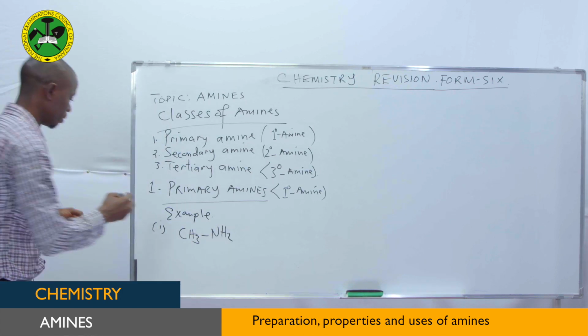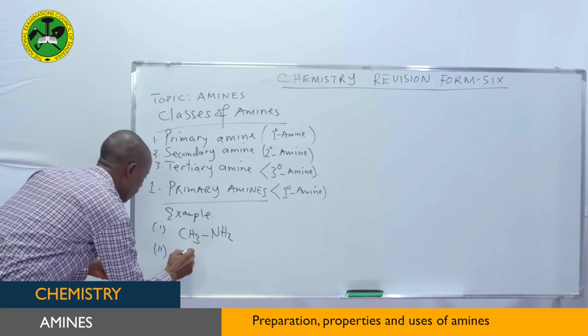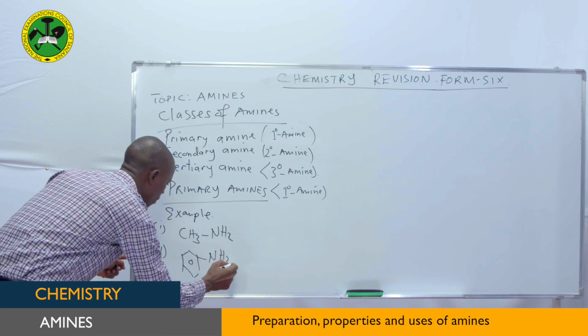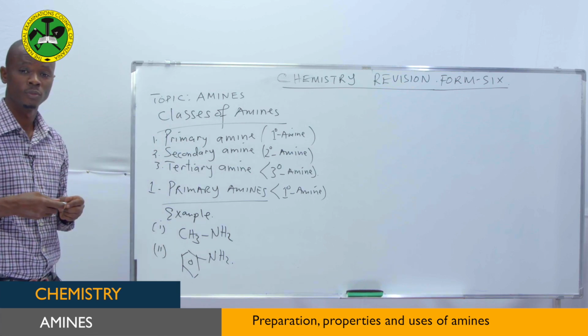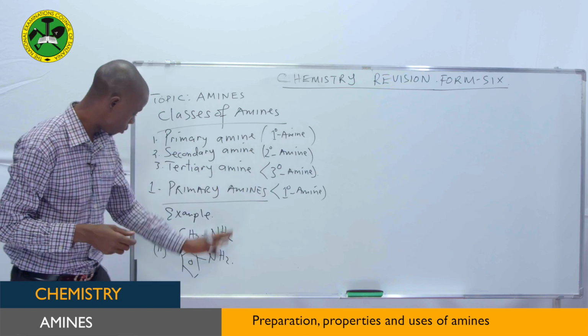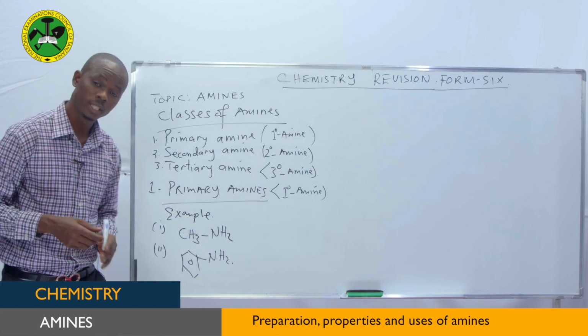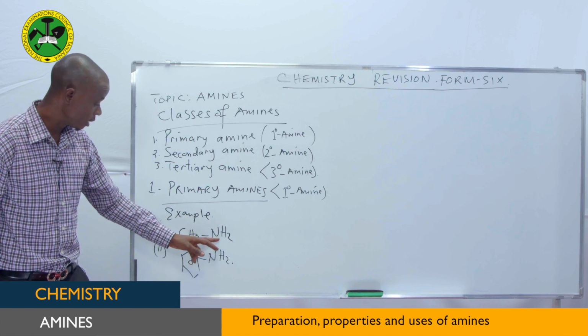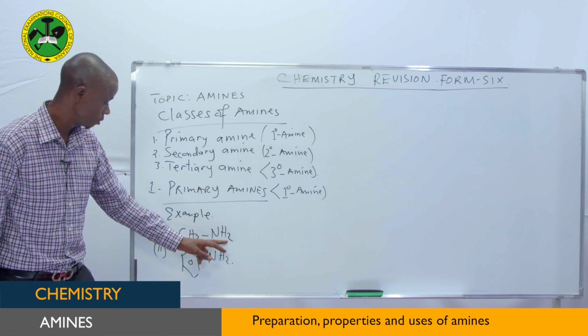That is example 1. This is example 2. Now, if I tell you to define what primary amines are all about using these examples, what are you going to say? You can see the nitrogen atom is bonded to only 2 hydrogen atoms.